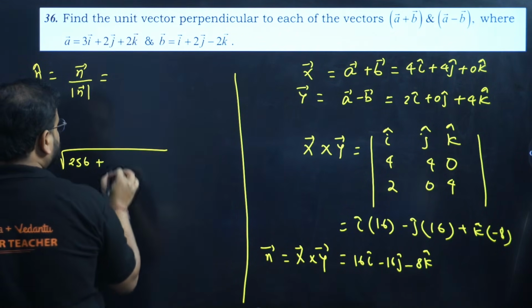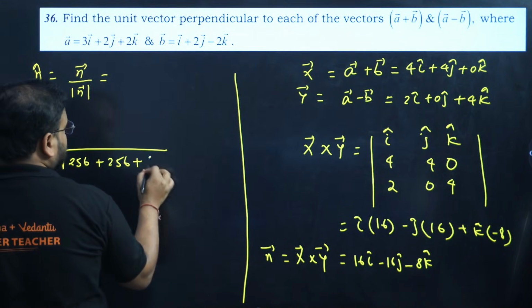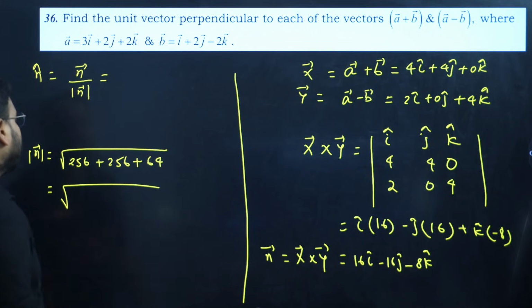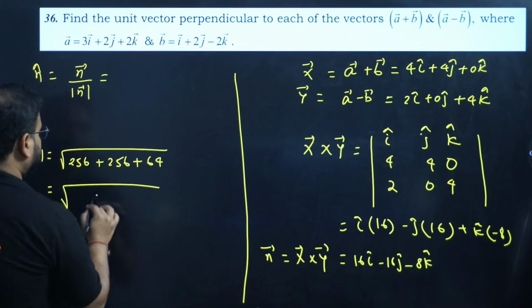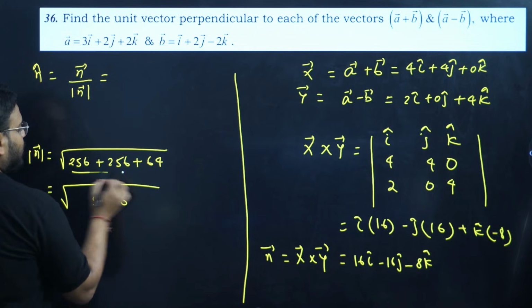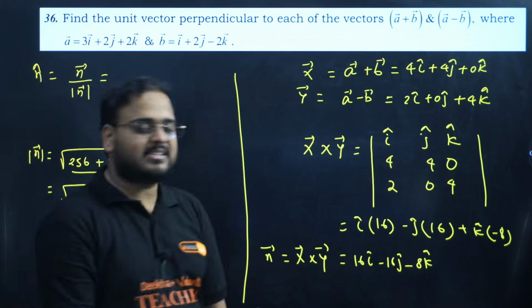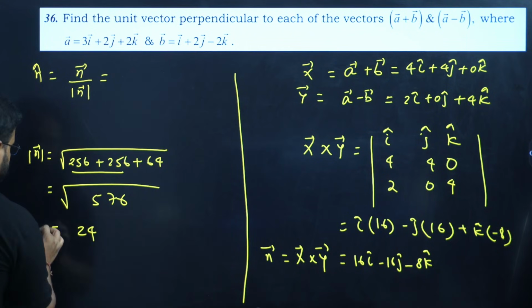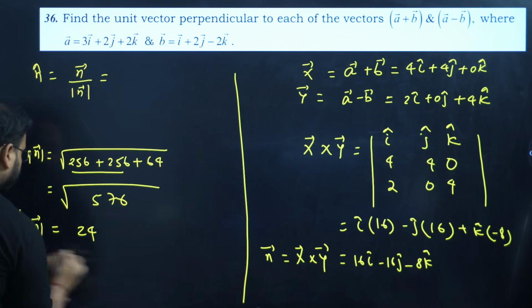Square of 16 again, so 256 and 64. Add all of these. You'll have 512, plus 64 will become 576. Answer is 24. This is your vector n mod.